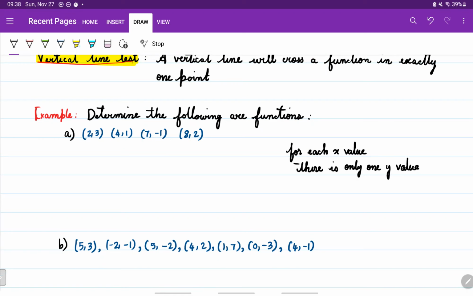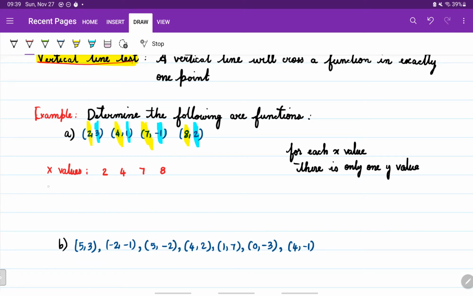If you see here, 2, 4, 7, and 8 are the x values. So my x values are 2, 4, 7, and 8. And my y values here are 3, 1, -1, and 2.